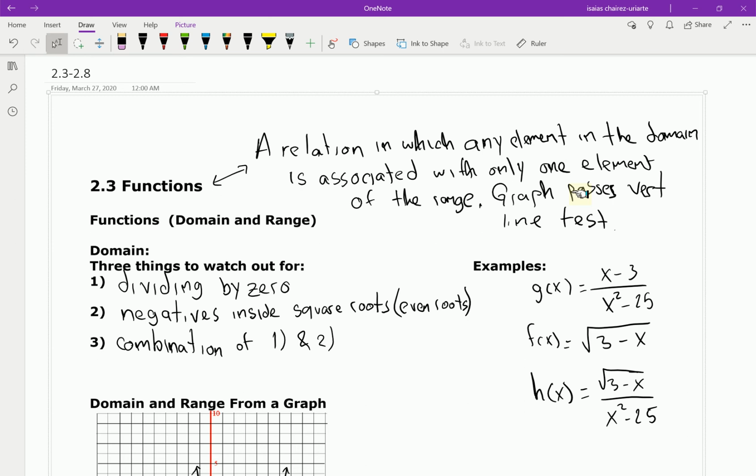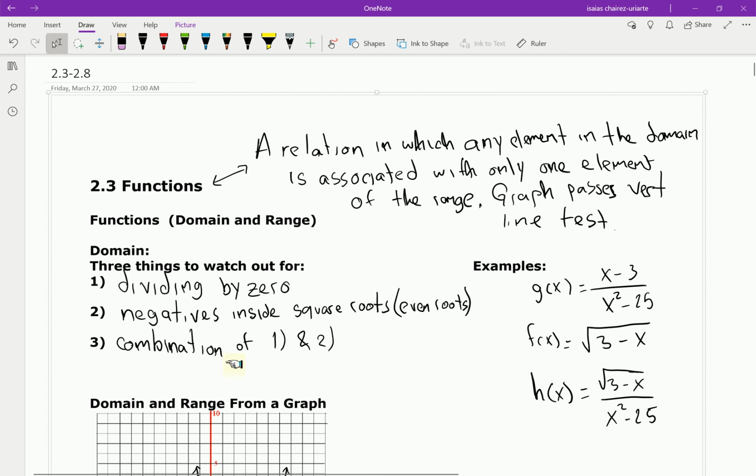All right, let's talk a little bit about how to figure out the domain of functions. Things to look out for: if you're given an equation, if you're given a function, the things to watch out for are definitely division by zero. Another thing to watch out for is negatives inside square roots or inside even roots, fourth roots, sixth roots.